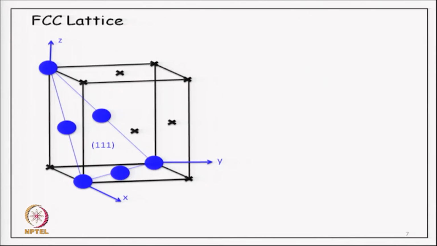They will have a length √2 times the edge length. So, this is an equilateral triangle, and we are placing atoms at the corners and at the midpoints of the sides of that equilateral triangle.